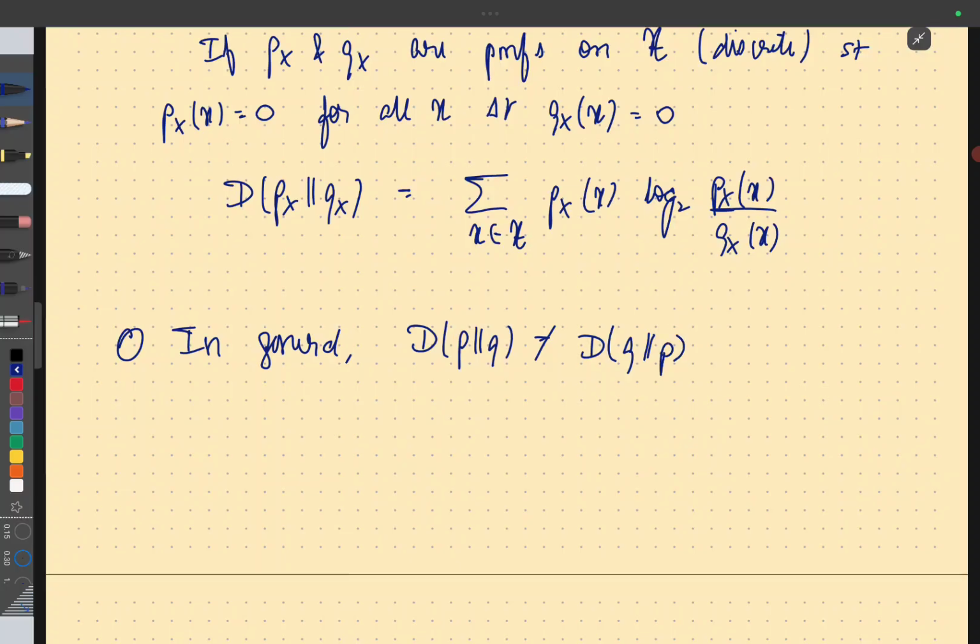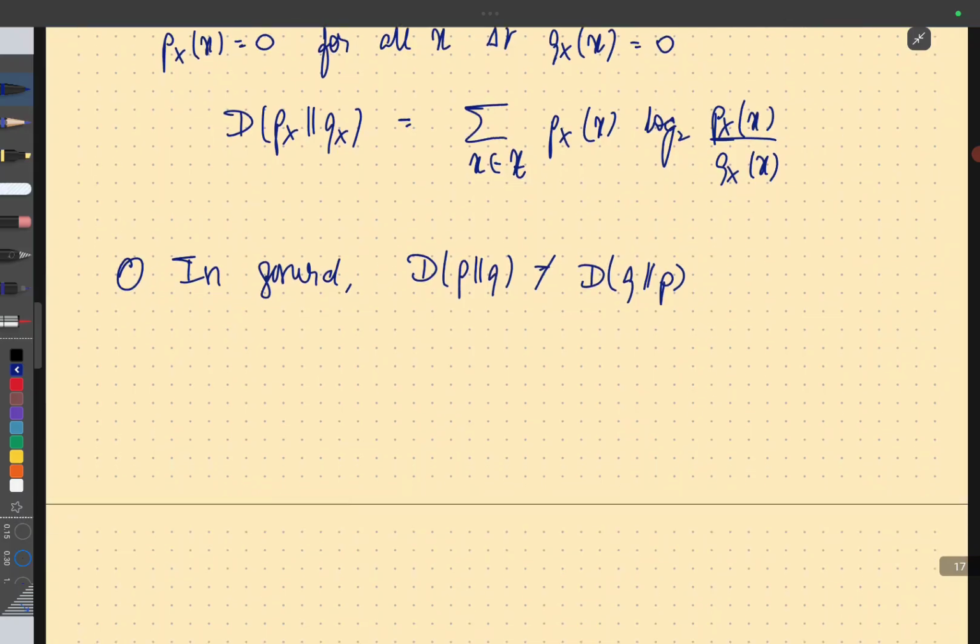So it's not symmetric and therefore not a true distance. If you take, say, the L2 norm or any LP norm, it's a symmetric function of both of the arguments. This is not.